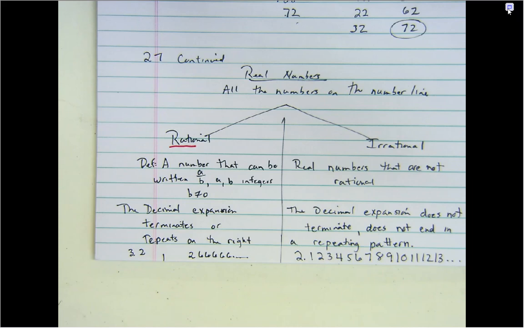Well, we're going to investigate why fractions end up terminating or ending in a repeating pattern. Before we do that, though, we're going to look and see how you know, if a decimal ends in a repeating pattern, what fraction that is.